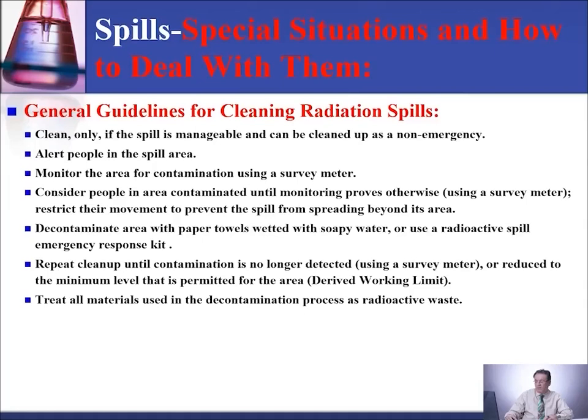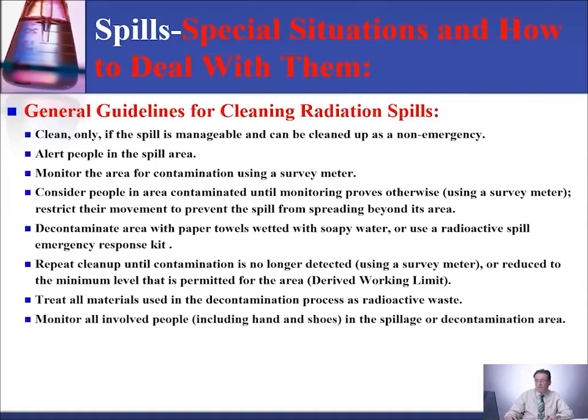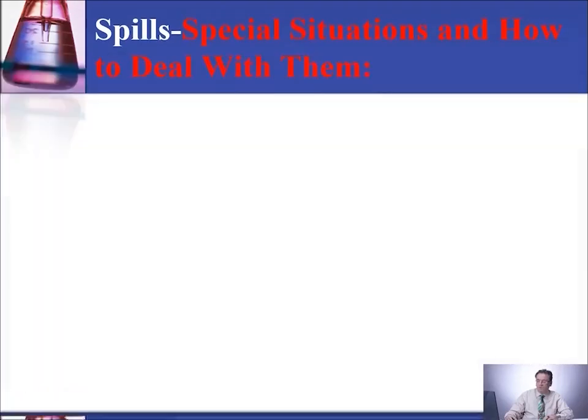Treat all material used in the decontamination process as radioactive waste. Monitor all involved people and the contamination area. Report the result in your survey log. Report the incident to your supervisor, radiation safety officer if you have one, and quality department via EOVR or follow your institution policy.